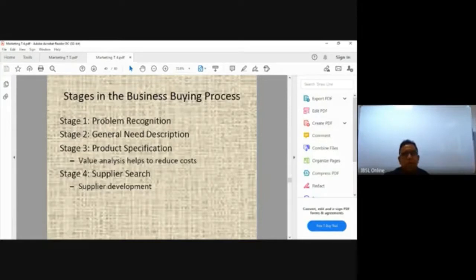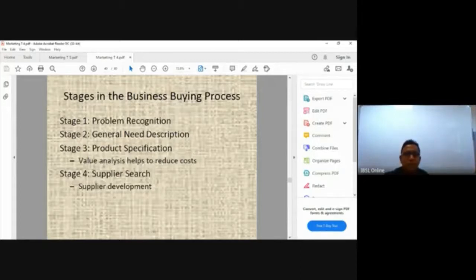Then they will do a write-up, a document giving the requirement, the general need description, and then product specification is done by technical people. They will try to take the best option here.